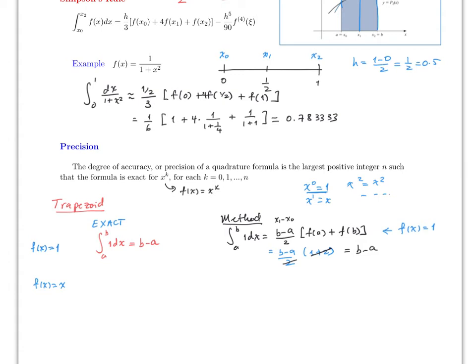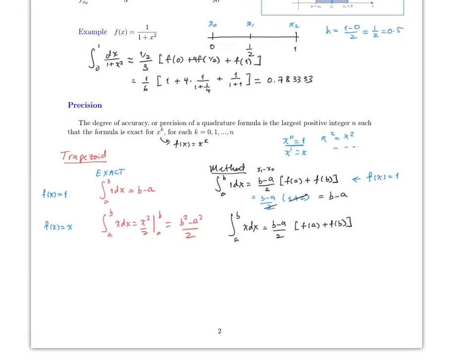So for x, the exact solution will be the integral from a to b of x dx. This is x squared over 2 from a to b, which gives you b squared minus a squared over 2. Now if we use the trapezoid method, the integral from a to b of x dx is going to be b minus a over 2, which is just h over 2, and then f of a plus f of b.